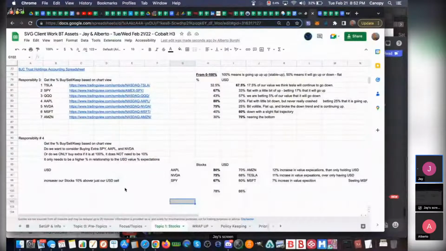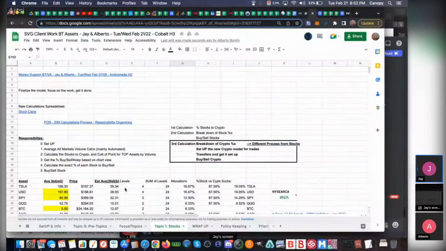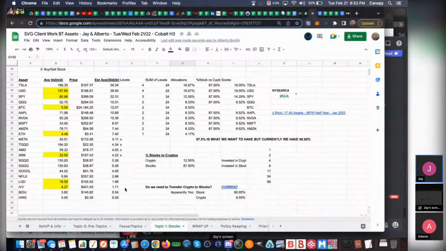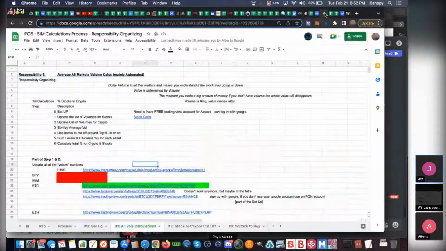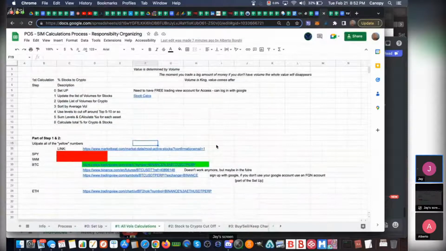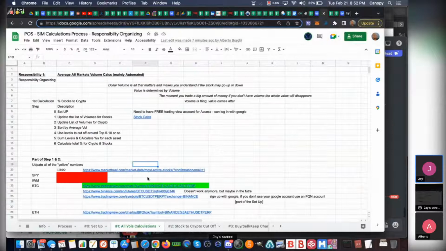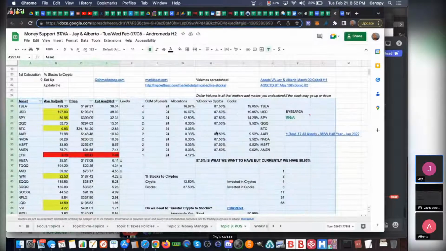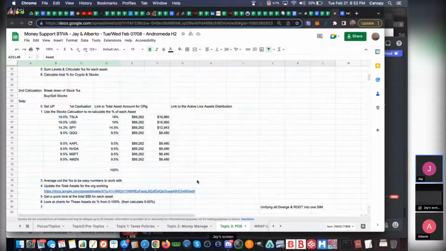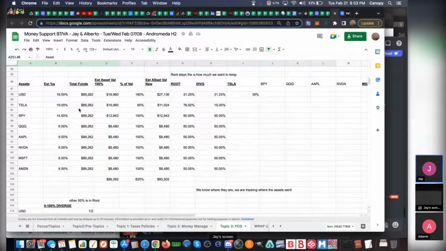Then we can copy and paste. I think we actually need to go to the previous notes. So go to the previous notes here. This one. Yeah, this is the chart right here.